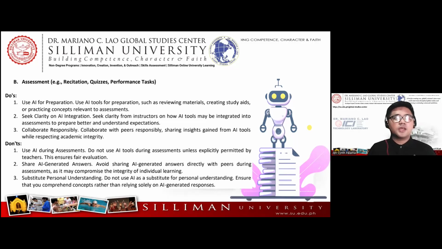Shall we say AI as our tutor? Or shall we say AI as our supplemental tool to give supplemental resources, right? So use AI for preparation. Next, seek clarity on AI integration. Seek clarity from instructors on how AI tools may be integrated into assessments to prepare better and understand expectations.